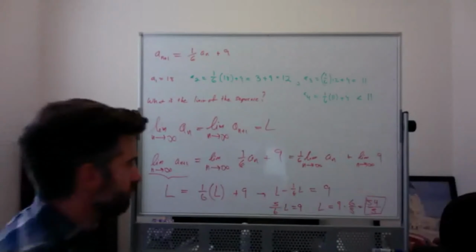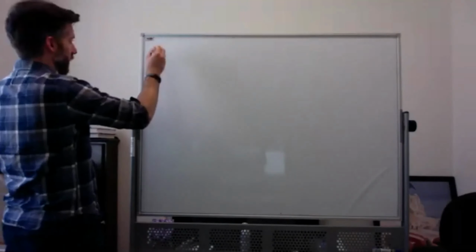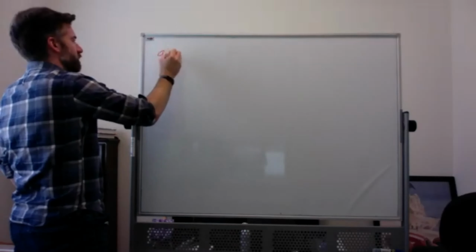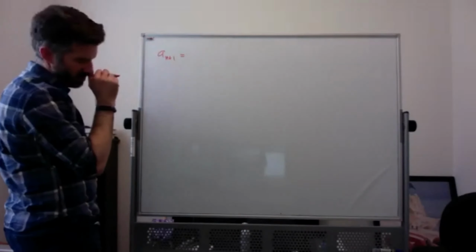Let me do another one, because usually we see different ones. So let me give you guys one more here. This is kind of the version I like. Let's say a sub n plus 1 equals, let me think for just 1 sec so the numbers aren't terrible.